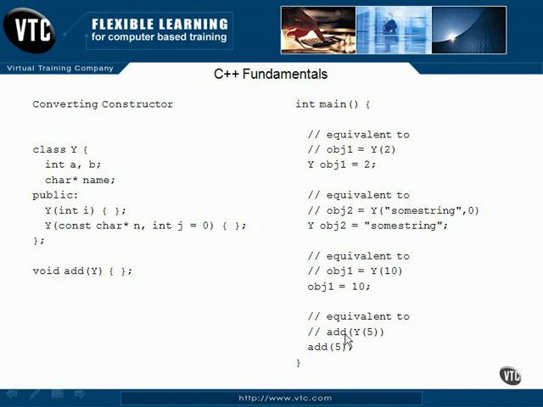And then the add of Y of 5 is equivalent to the add sub 5, and that's our little add method over here. We pass 5 into Y, and since we have a Y object and we're creating a new one here, our constructor runs, and since we're passing in an integer, we'll use this particular converting constructor.